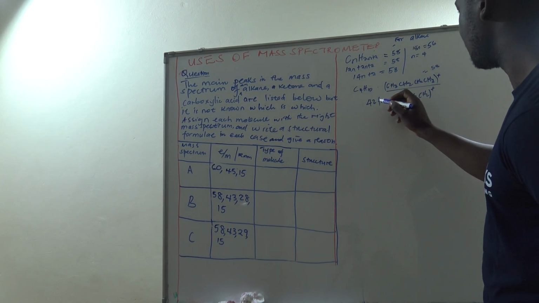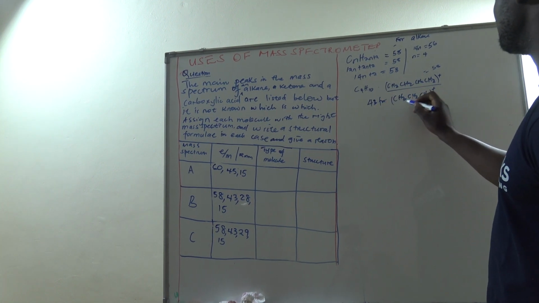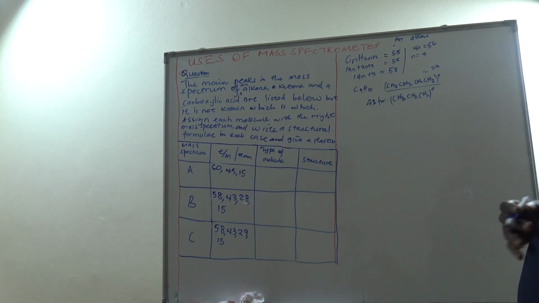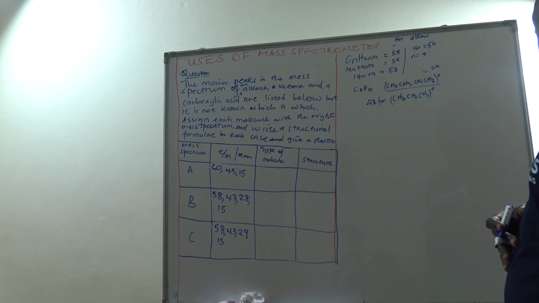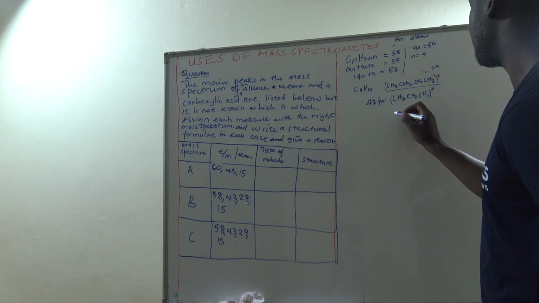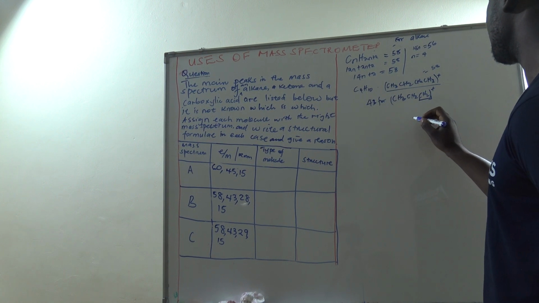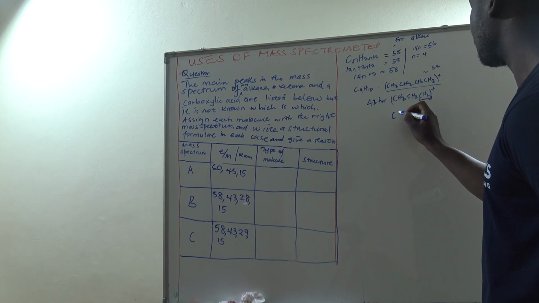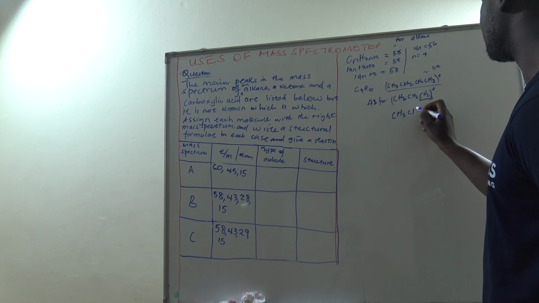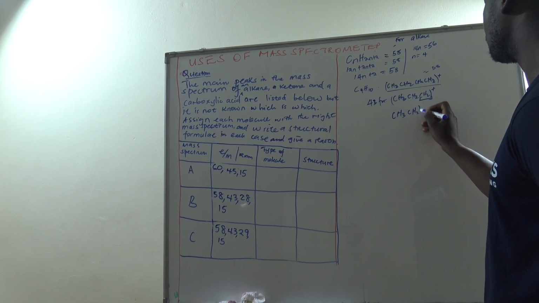Now let's proceed. We now have this molecular ion. Let us fragment it further. If we remove this CH2, we are going to come up with CH3, CH2.